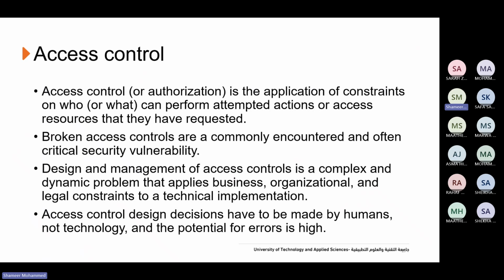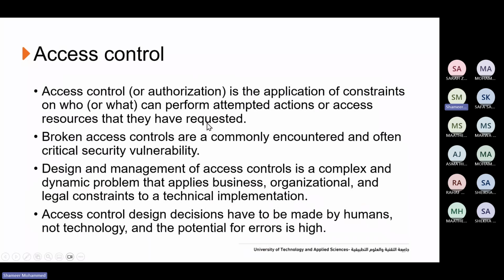Now access control, or authorization. This is called authorization. Before, we have seen authentication. This is authorization: who are you, and the application of constraints on who can attempt an action, or what action you can perform.